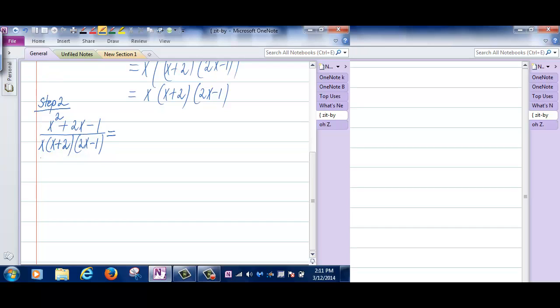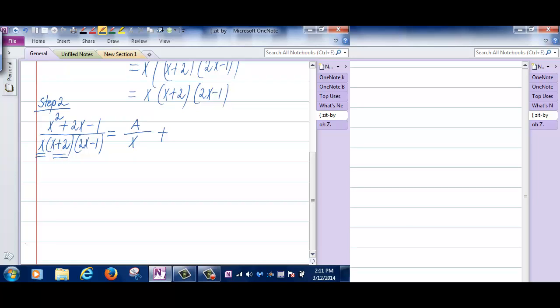What terms? First of all, what's the contribution of the factor x? x is a linear factor and the exponent on x is 1. So for x, the contribution is A over x, where A represents a constant. Someone please tell me what's the contribution of x plus 2?